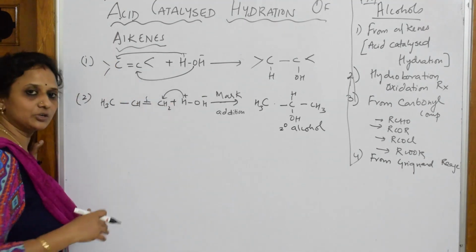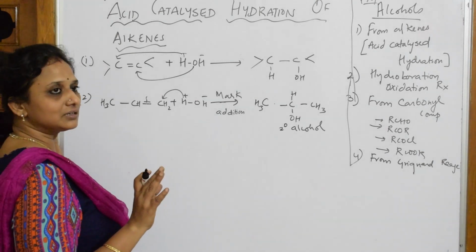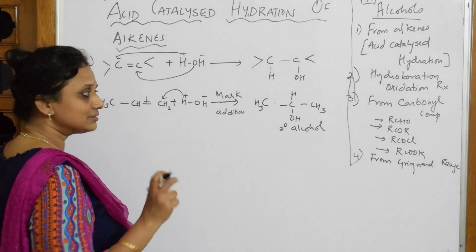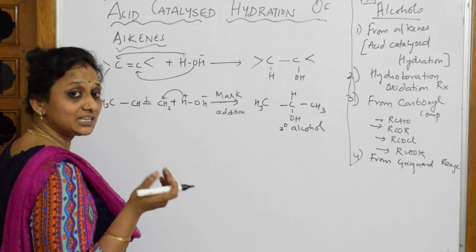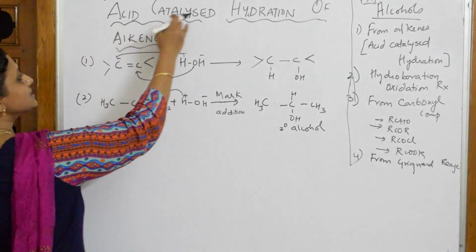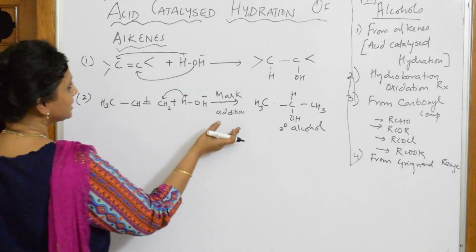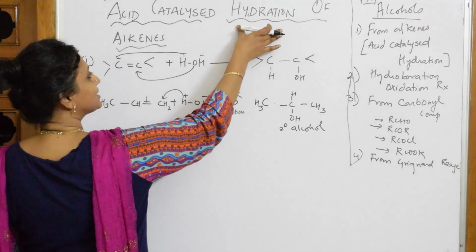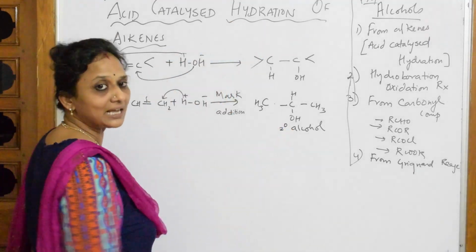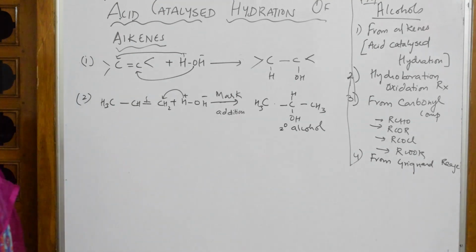So you can pick up any symmetrical or any unsymmetrical alkene. Now your board wants you to learn this particular reaction using an acid, right? They'll ask you acid catalyzed hydration of alkene. Here I directly studied Markovnikov addition, not a problem, but here I have to show it using an acid catalyzed reaction and finally prepare alcohol. Fine, let us see that, note it and come back with the mechanism.